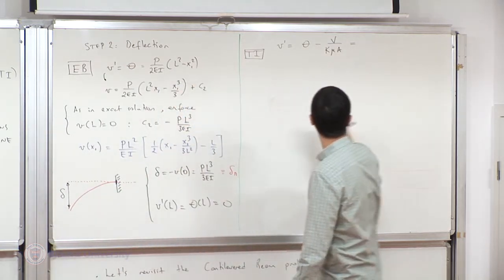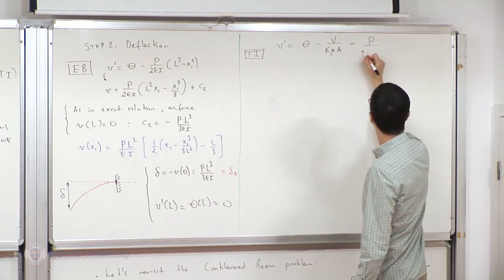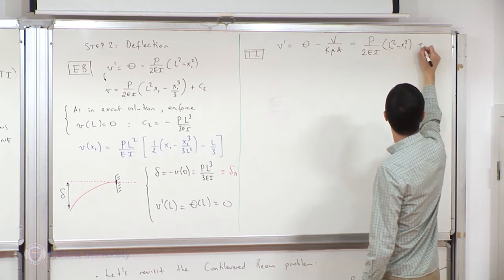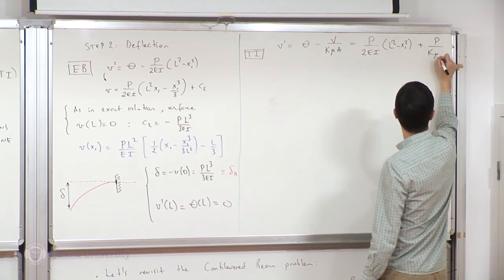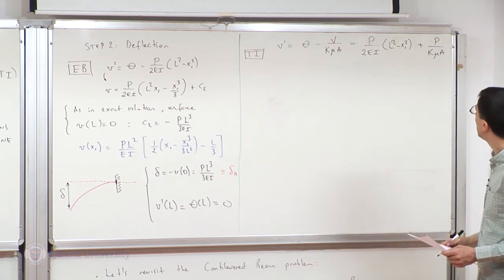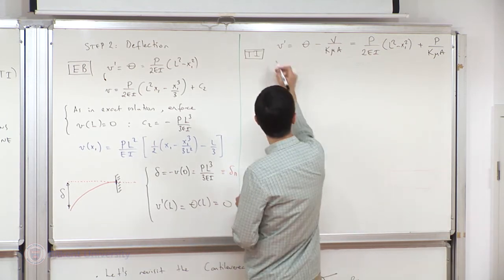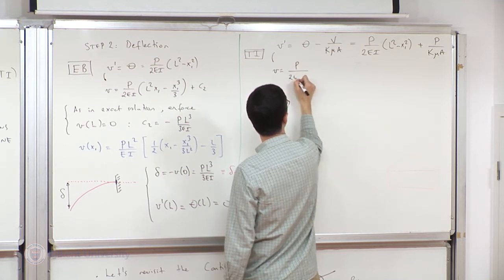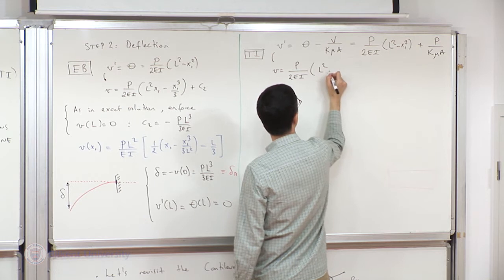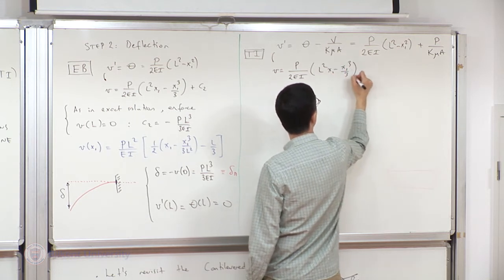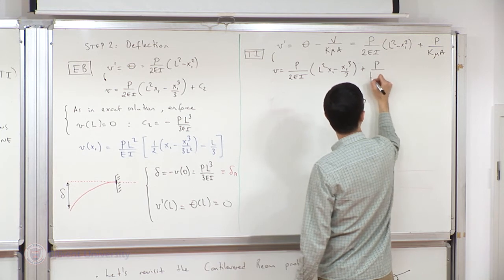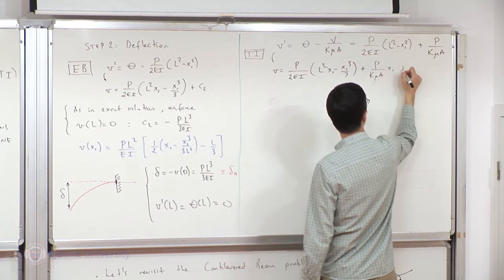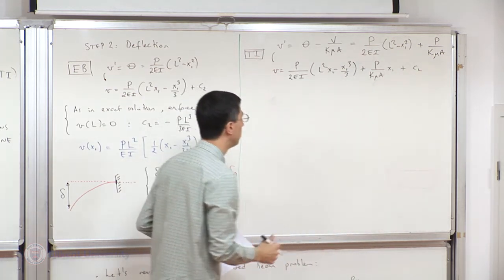Theta is equal to P over 2EI L squared x1 squared plus P over K mu A. Now I'd like to integrate towards V. V is equal to, well, the first part is the same as the Euler-Bernoulli step: x1 minus x1 cubed over 3, plus P over K mu A x1, plus a constant, let's call that C2.